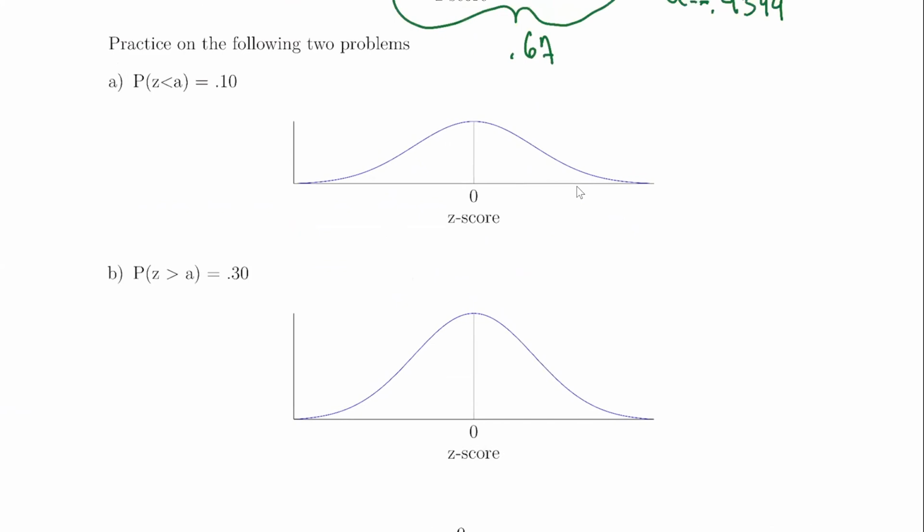You can't really just watch me do it, because I'm not going to do it for the test. You're going to be the one doing the test. So practice on it so you can get comfortable with your calculator and know how to use it. So try A and B. Technically, we already did A.